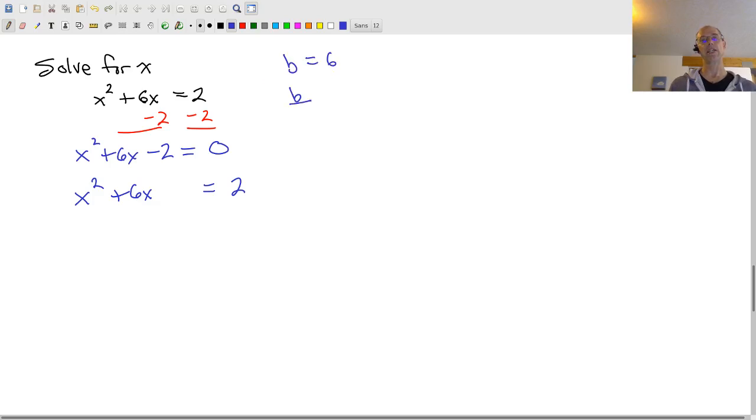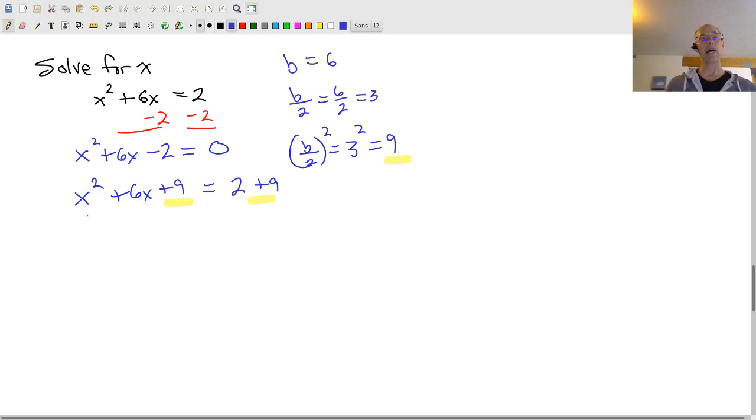Then what I do is I take half of that. So it's b over 2. Well, 6 over 2 is 3. And then I take that b over 2 and I square it. So if I take 3 and square it, I get 9. And so 9 is the magic number that I am going to add to both sides here. So I'm going to write plus 9 here and a plus 9 there.